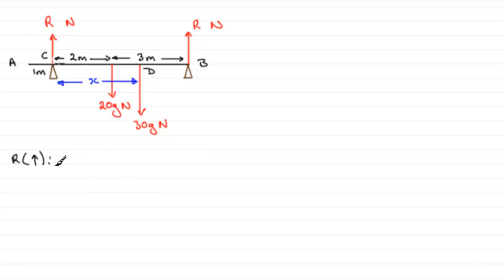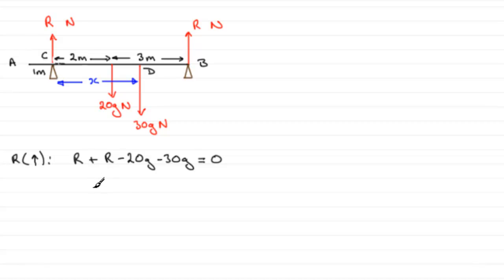So if we resolve upwards, we've got R plus R, or 2R obviously, and then we've got these forces downwards, minus 20G and minus 30G. And we know that these forces keep the rod in equilibrium. There's no resultant force, so that resultant force here equals 0.